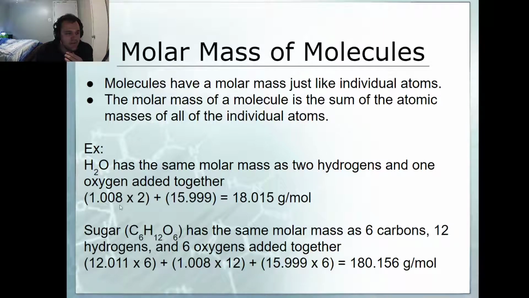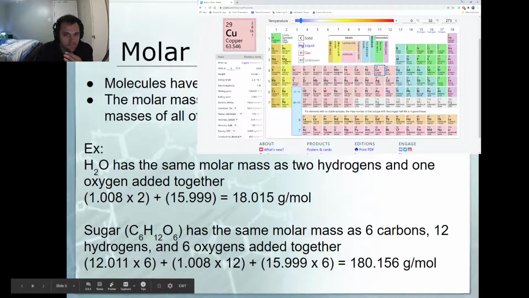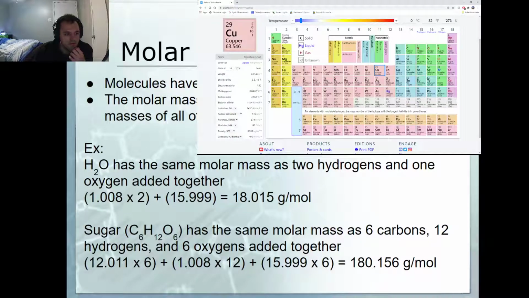So you find the molar mass of hydrogen, which if we pull up that periodic table again, is 1.008. So you say down here 1.008 times 2, because we've got 2 of them in the formula.